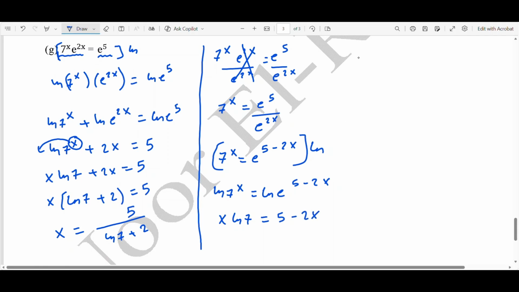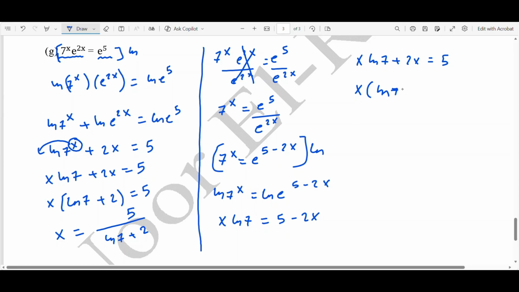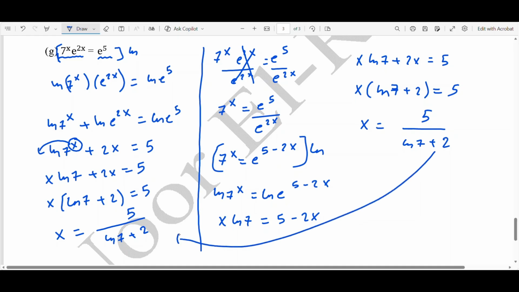Rearrange terms: x ln 7 + 2x = 5. Have x as a common factor: x(ln 7 + 2) = 5. So x = 5/(ln 7 + 2). Same answer.